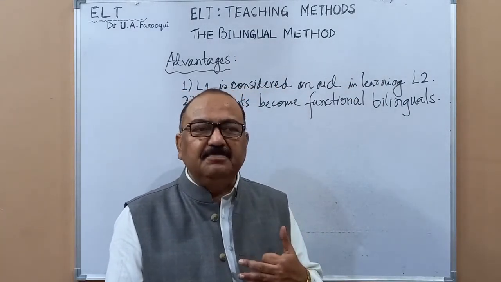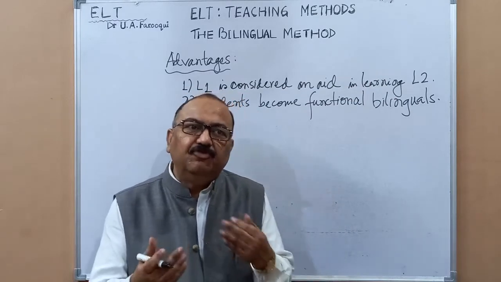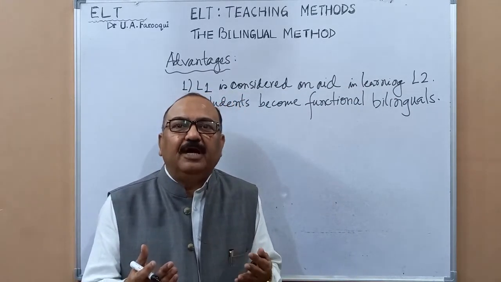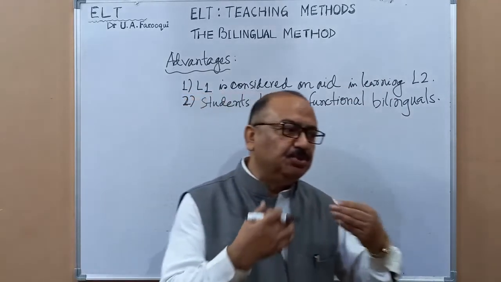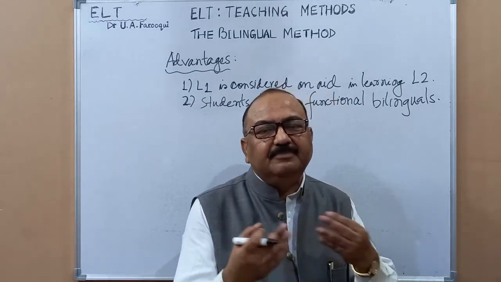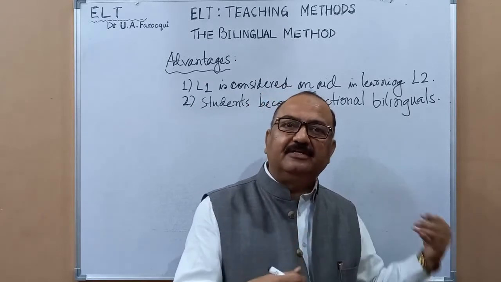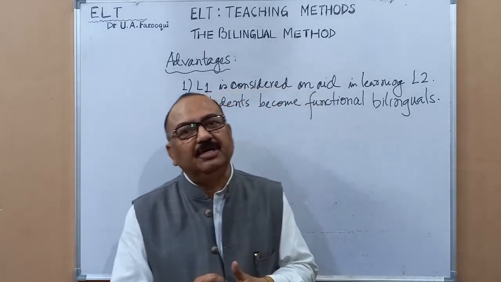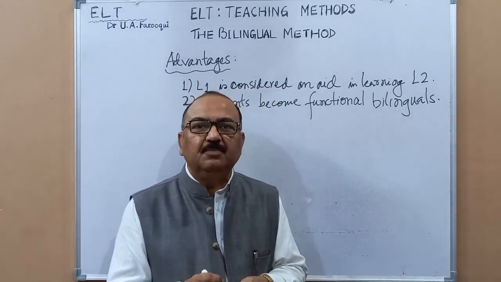If the aim is to make the learners fully bilingual, meaning if you want your students to gain practical command in two languages, this method, the bilingual method, is considered to be the most appropriate one.